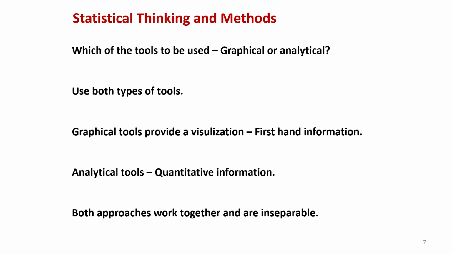Now it is the job of the statistician to decide, to fulfill the objective, whether the person needs to be given information on the mean, variation, skewness, kurtosis or regression, or a combination of them. And in order to do this, which graphical tool can be used, which analytical tool can be used, and in fact, a combination of them also.